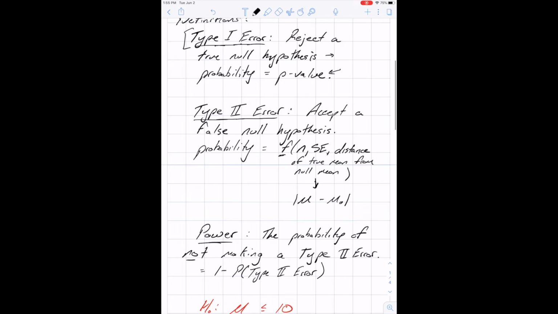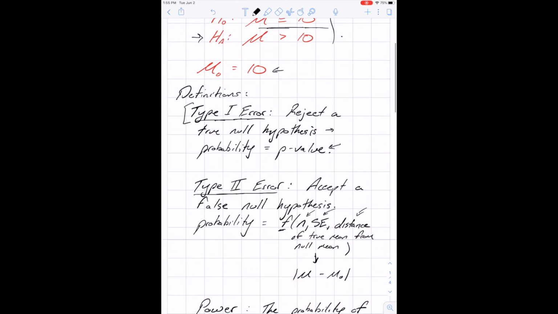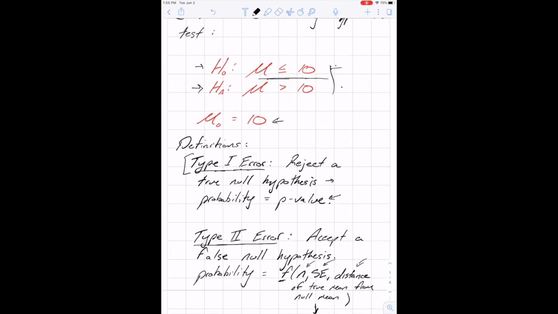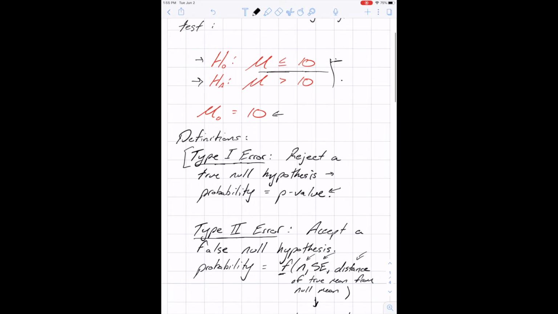It's going to be a function of the sample size, the standard error of the estimate, and it's also going to be related to the distance between the true mean, because notice that if the null hypothesis is false, then we want to reject this. Well, if the truth were like, oh, actually mu is 1,000,000, then that would make it much less likely that we would accept this hypothesis. It's very likely that we would end up rejecting the null.